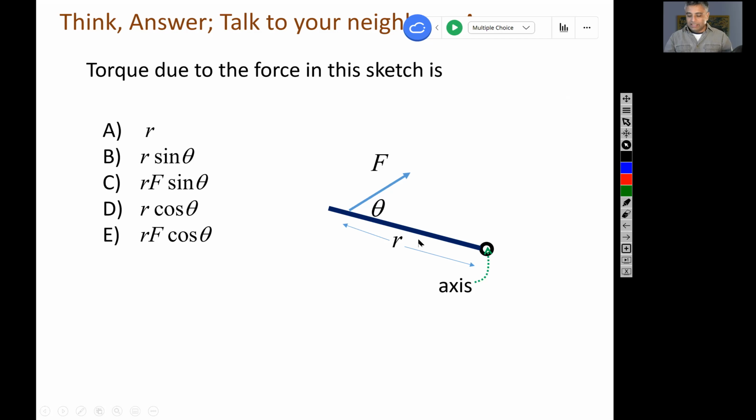So now here is very similar. This time we are looking for torque, okay? And to find torque, you need lever arm. So go ahead, draw and answer this. This time 1 minute and 30 seconds.